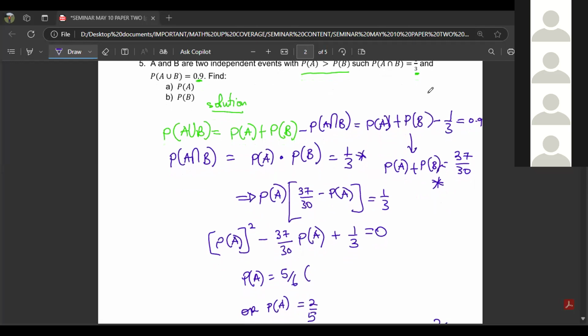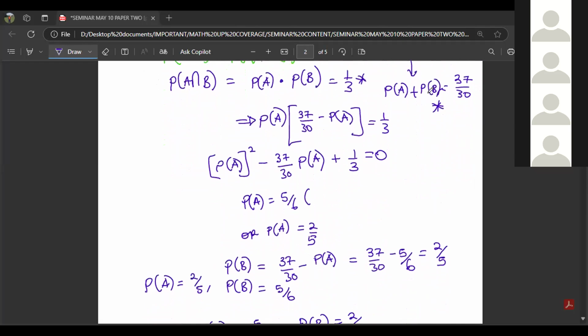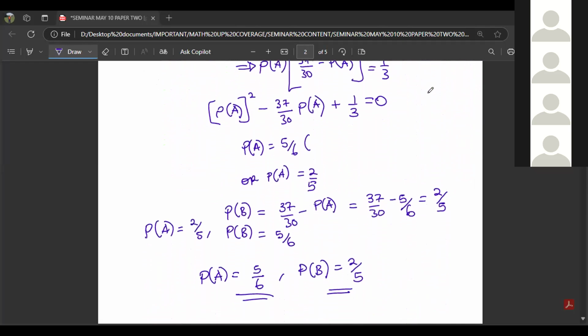Can you please scroll a bit so I can see the product? So you made it a quadratic equation? Yes.